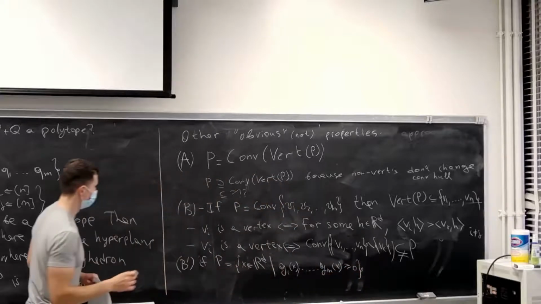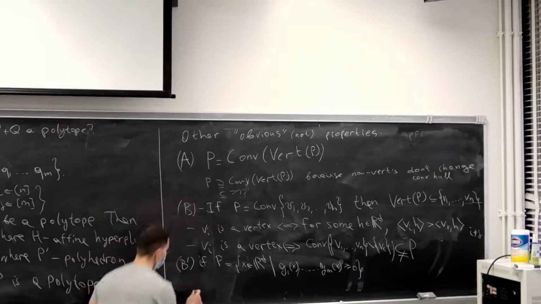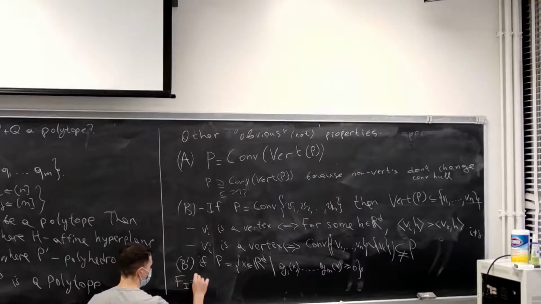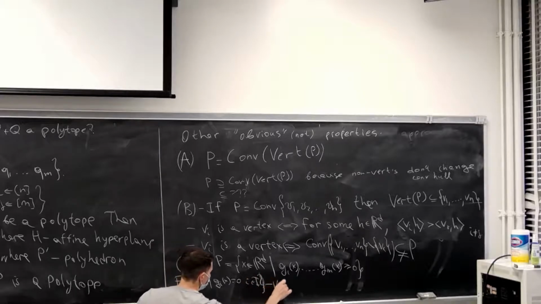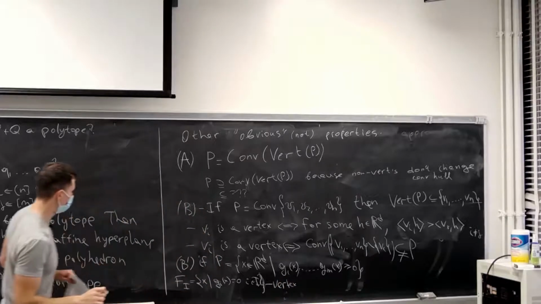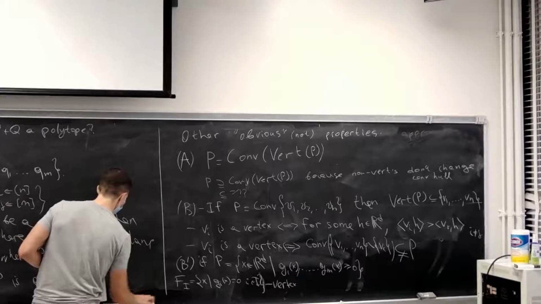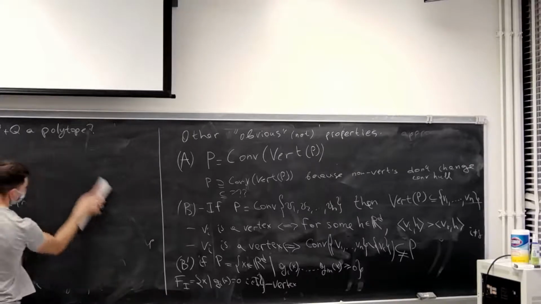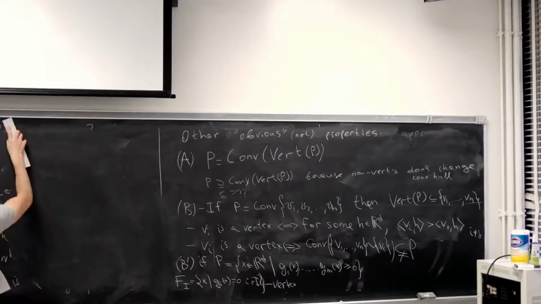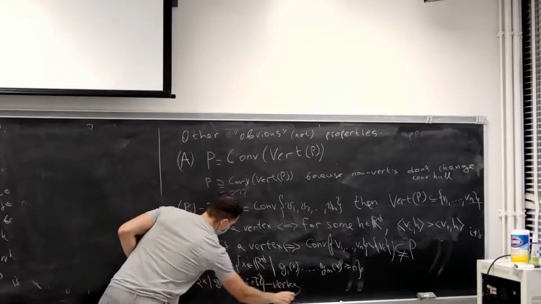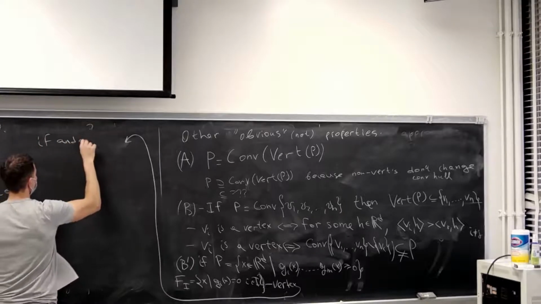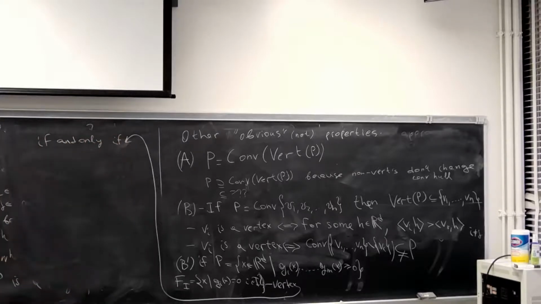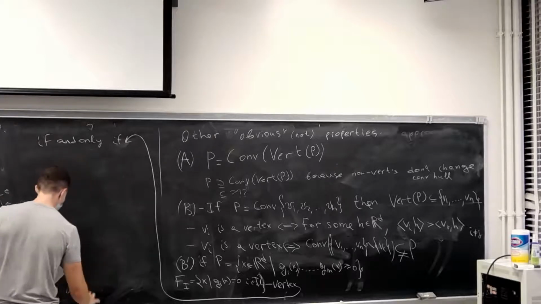If it's given in this way, then F sub I, which is the set of x's where Gi of x is 0 for i in I, is a vertex if... well, actually not if and only if, just if.